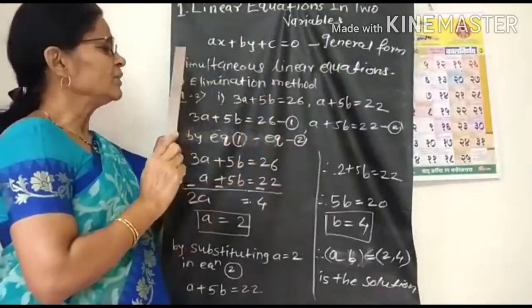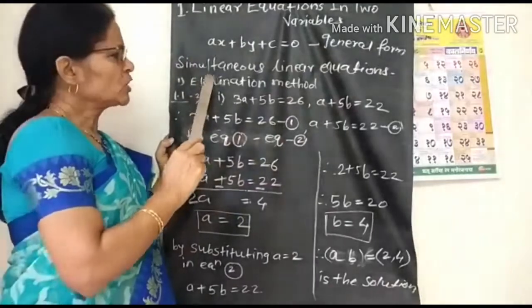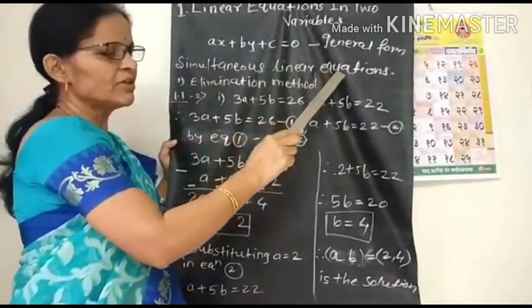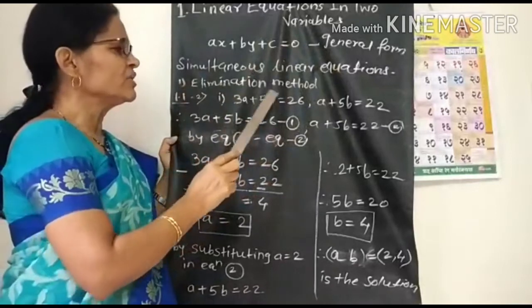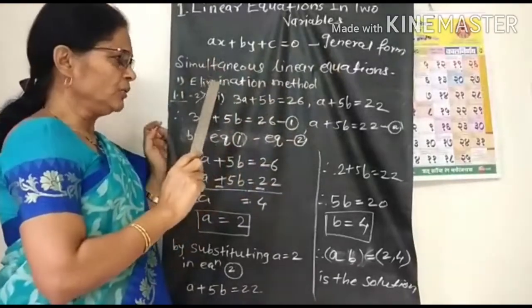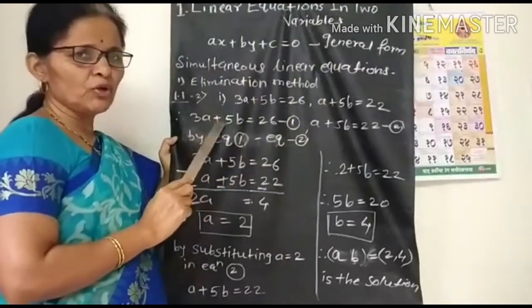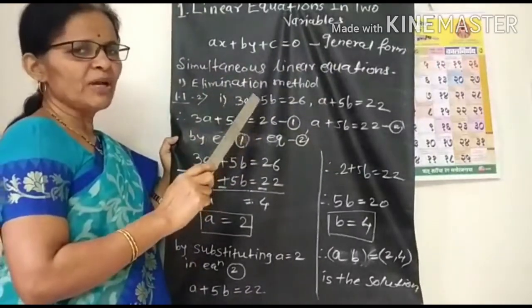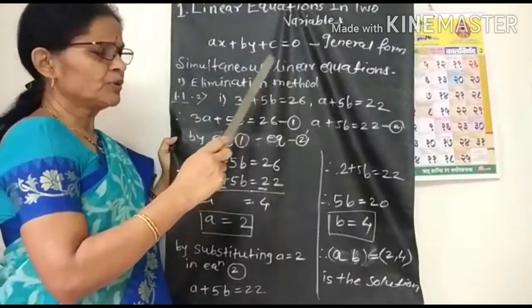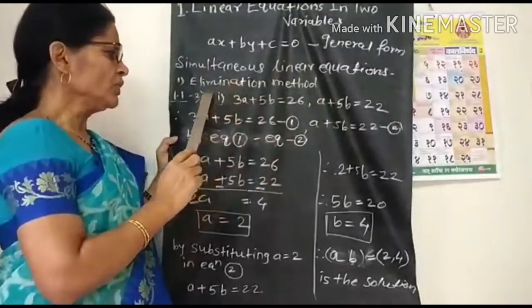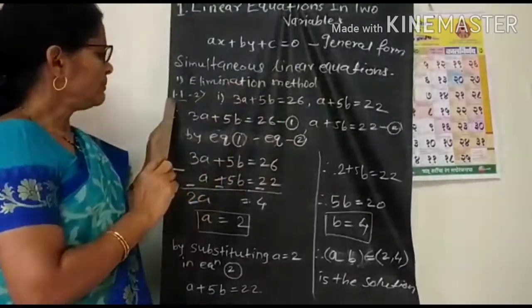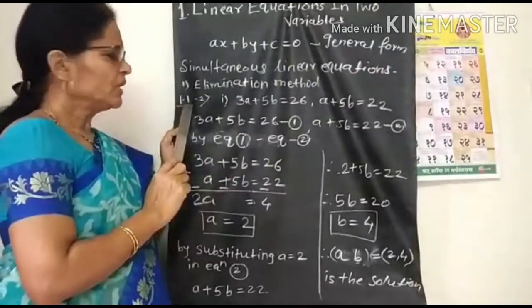In previous standard you learned the methods of solving simultaneous linear equations. First method is elimination method. How to eliminate one variable? There are also two methods, by equating the coefficient, and other is by substitution method.